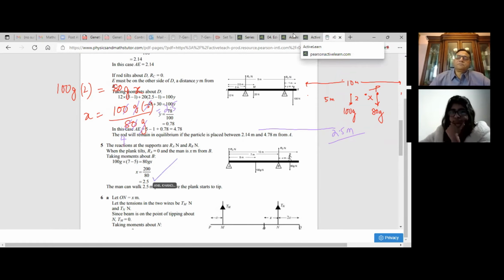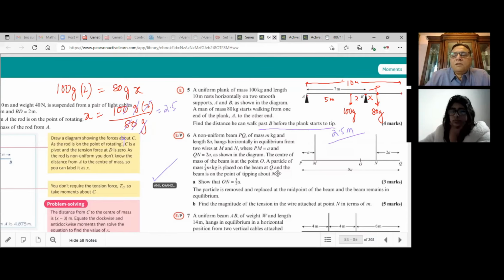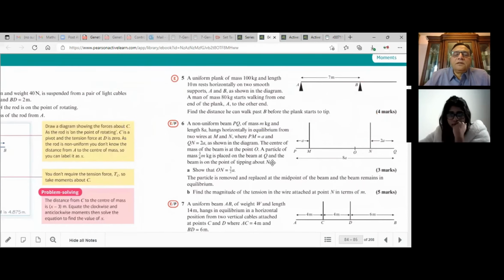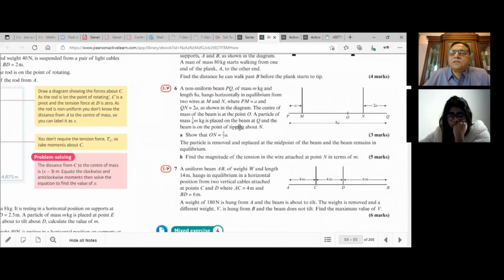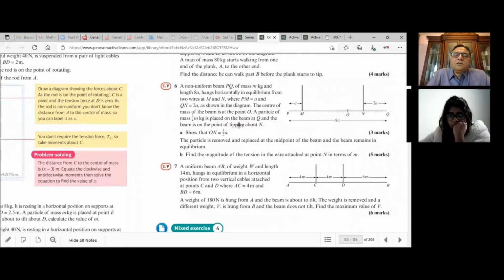Now let's clear the screen and take question number 6. PQ is a non-uniform beam of mass m kg and length 8a. All are general terms.